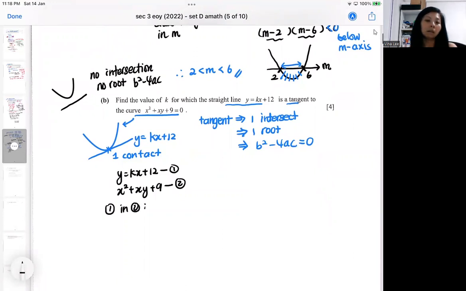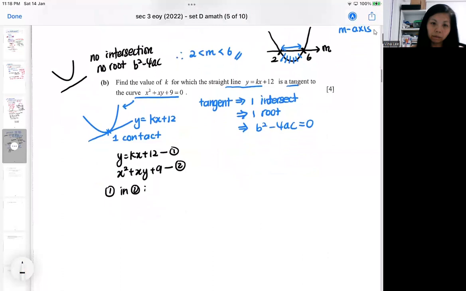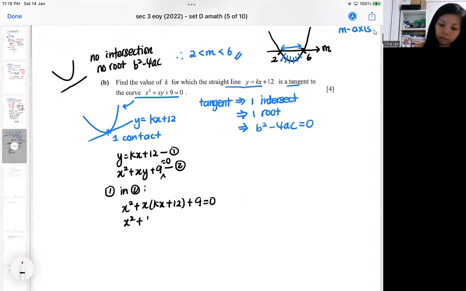So the technique of simultaneous, the linear function, you got to make a subject for the linear function. In this case, I've gotten my y. I substitute in. So this is how I will get my ABC. Make sure you can simplify in this way.